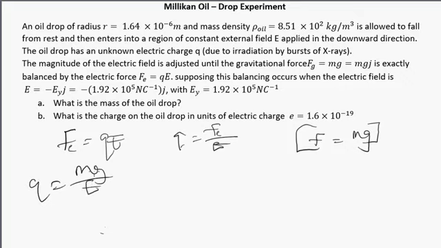Now since Q is F over E, we can replace F by mg, and then we'll say Q is mg over E. Now we've done that, let's simply input the values for all these. What's our m again? That's the mass we calculated from the A part of this question, and that mass is 1.5 times 10 to the power of -14.